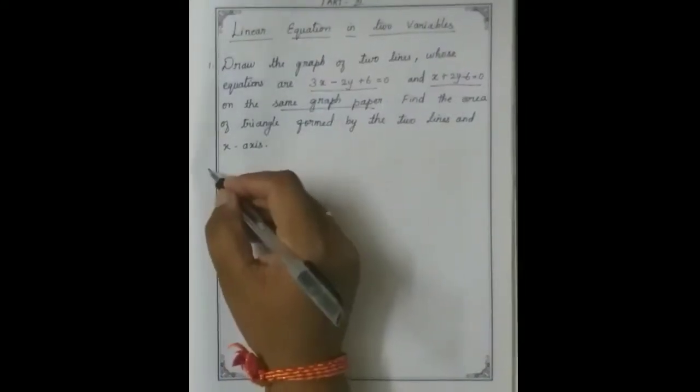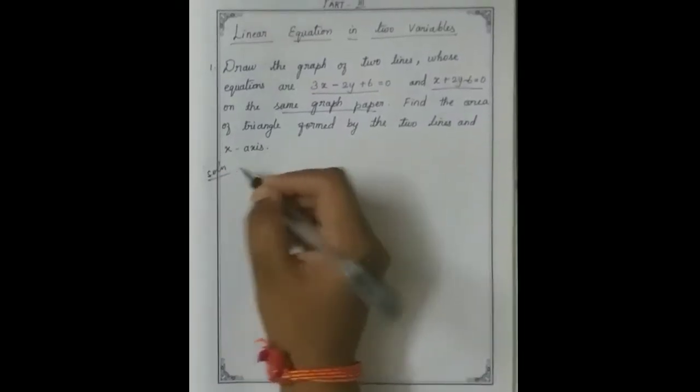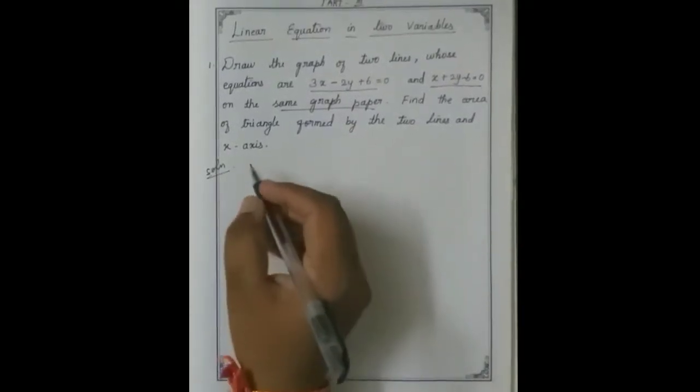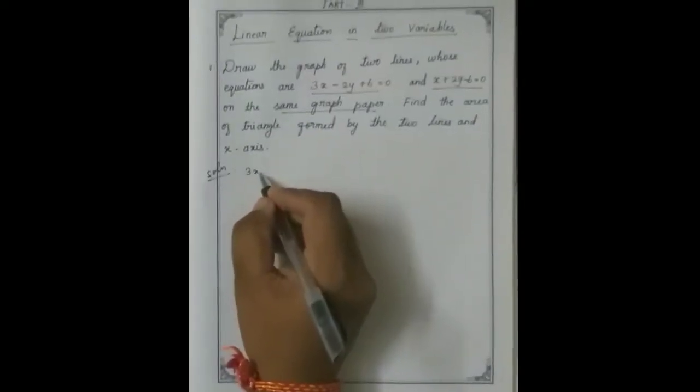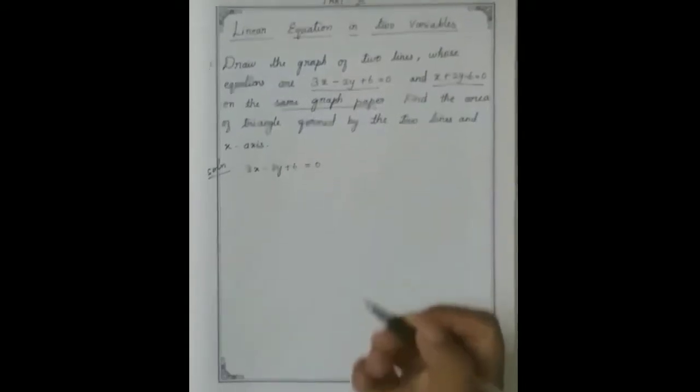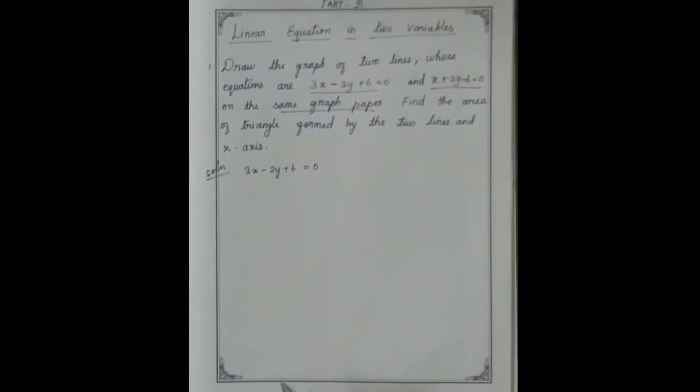Now we are going to see the solution for the two variables of pairs of linear equation 3x minus 2y plus 6 equal to 0. Now in terms of y we are going to find out.